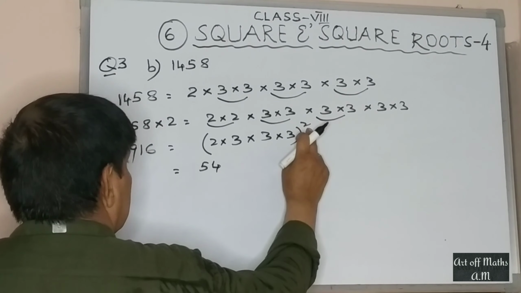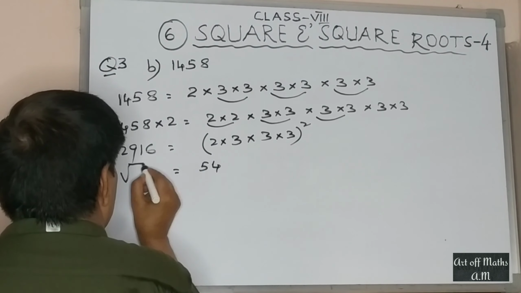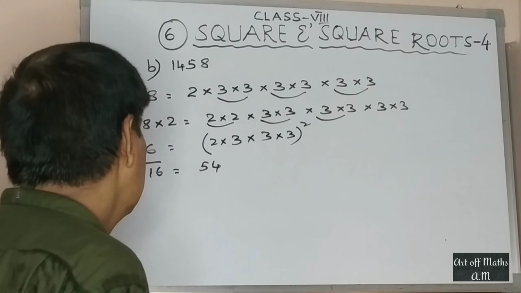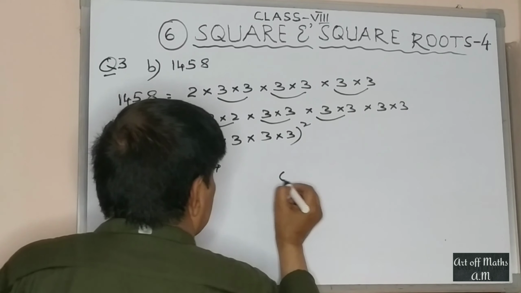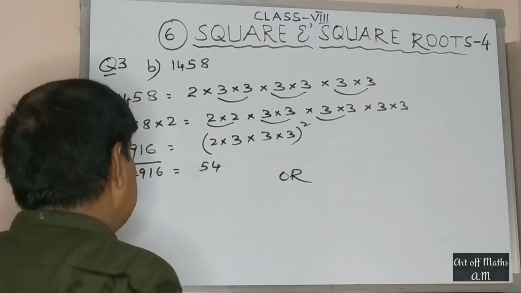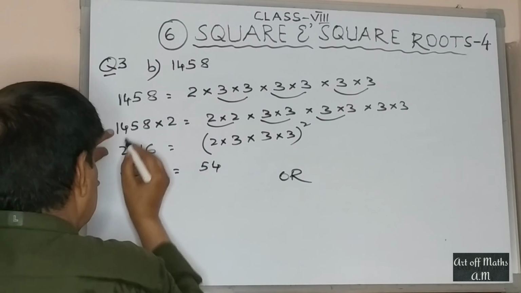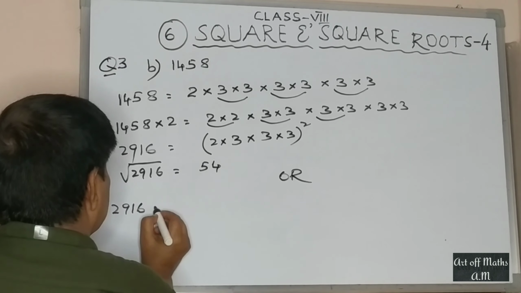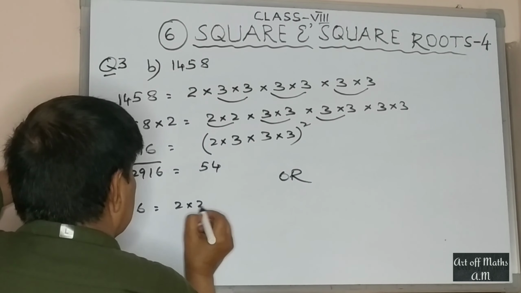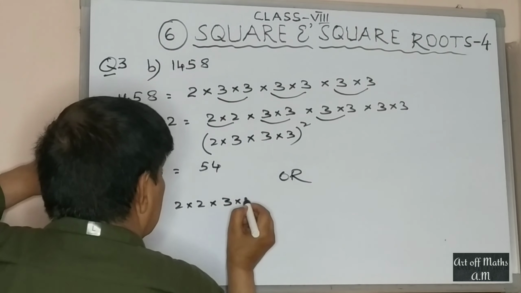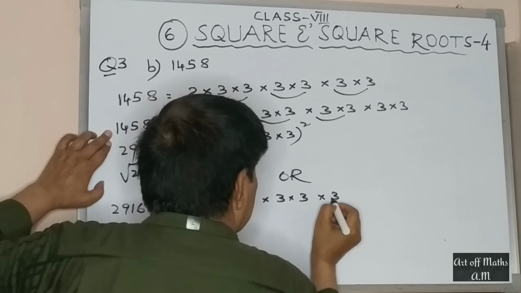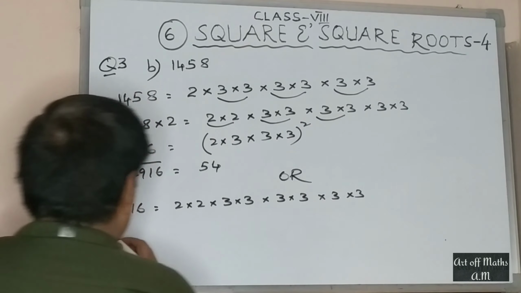Here it is in square. 2916. Or 2916 equals 2 into 2 into 3 into 3 into 3 into 3 into 3 into 3.